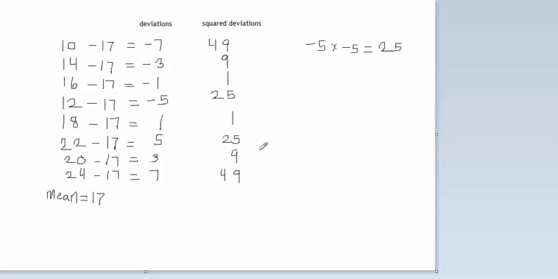Now, I said this was a population of 7 people. No, I mean a population of 8 people. So we would use the population formula. So I'll show you how to do that.